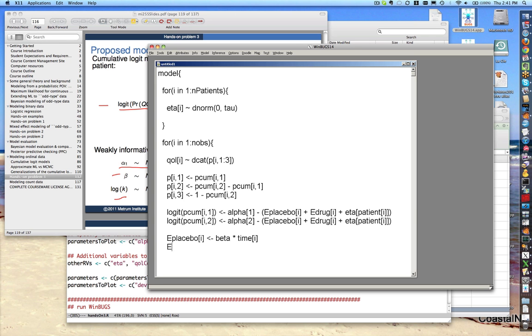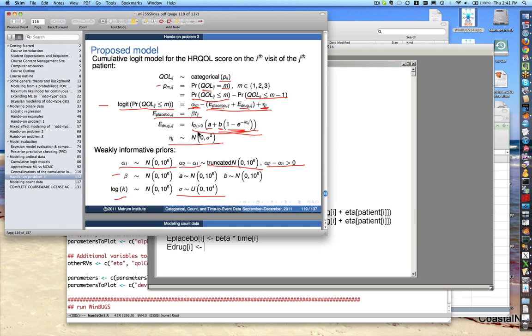And then for our drug, we've got our indicator or flag that takes on a value of 1 or 0, multiplying this term over here, a plus b times 1 minus e to the minus kt.